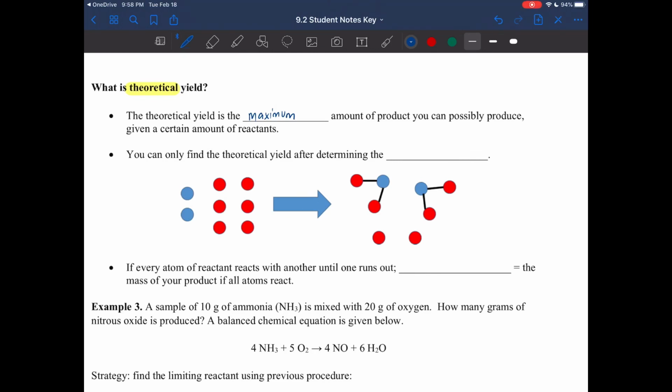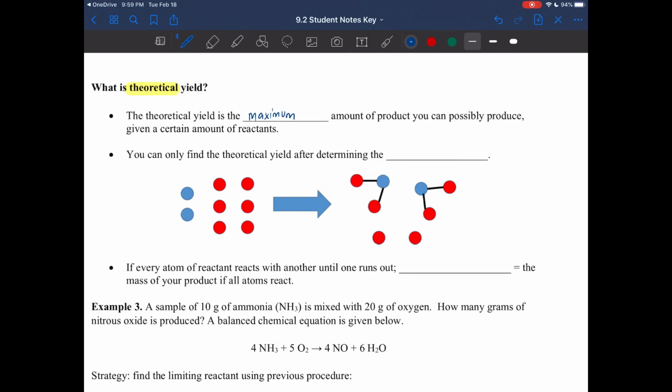I mean, it seems logical, but maybe in the process of making those sandwiches, I accidentally drop all the ham on the floor and it gets dirty and gross and I cannot eat those sandwiches anymore. I did not make all that I could, but in theory, I could have made more. It's just like in reality, maybe I didn't make the most sandwiches that I could. Very similar things happen with chemical reactions here.